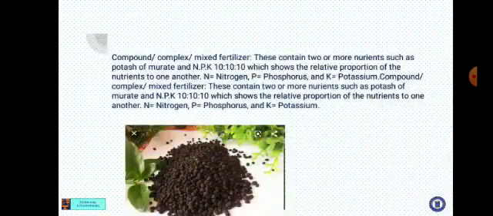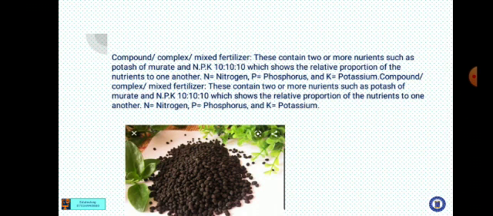And then the compound fertilizer or complex or mixed fertilizer contain 2 or more nutrients such as potash and NPK, which shows the relative proportion of the nutrient to one another. N means nitrogen, P means phosphorus, and K means potassium.